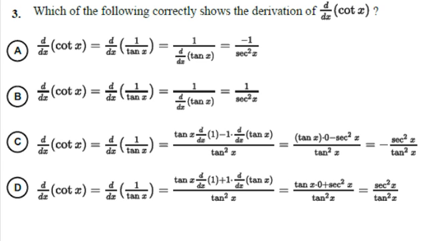All right, we want the derivative of cotangent x. We're starting off with our reciprocal identity: the derivative of cotangent x is equal to the derivative of 1 divided by tangent x.